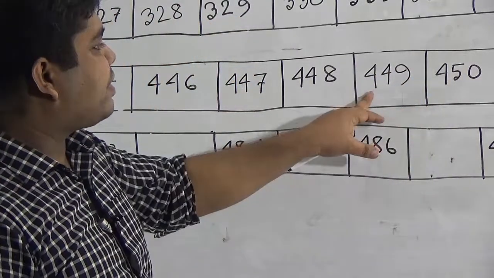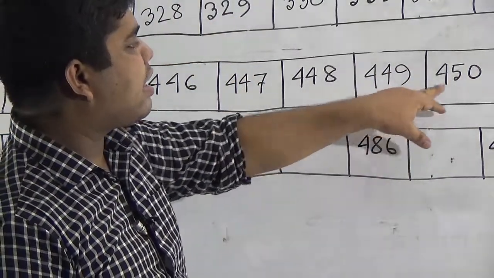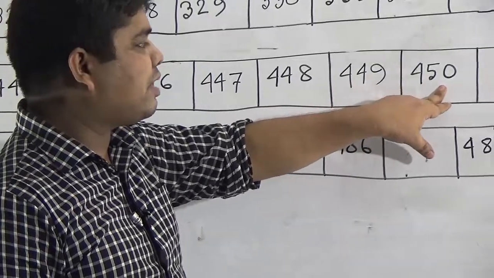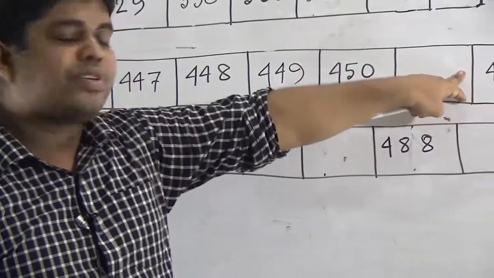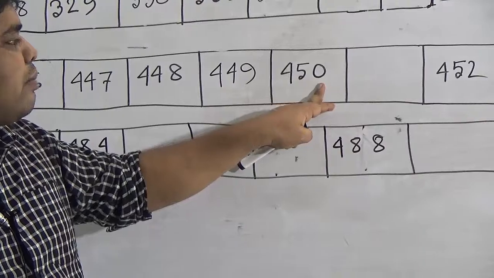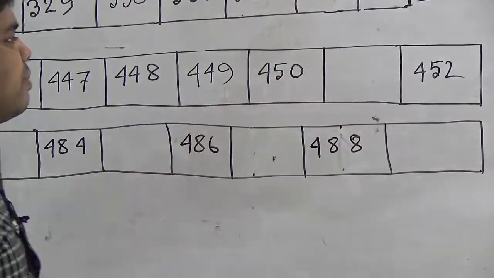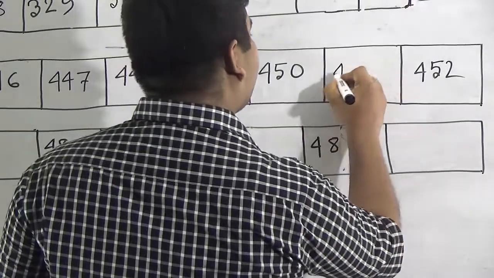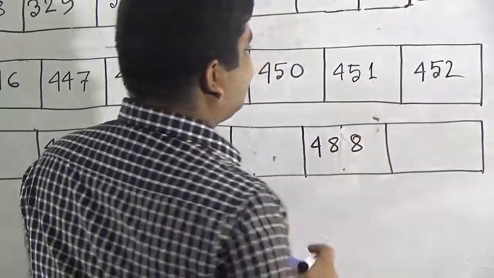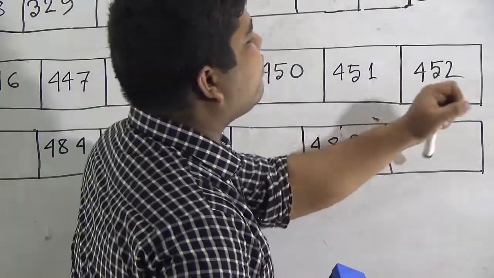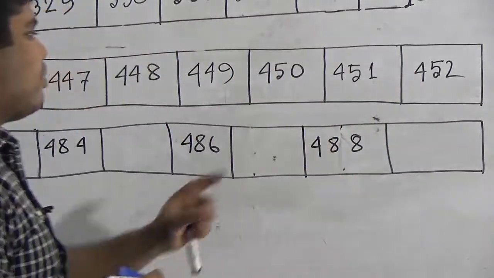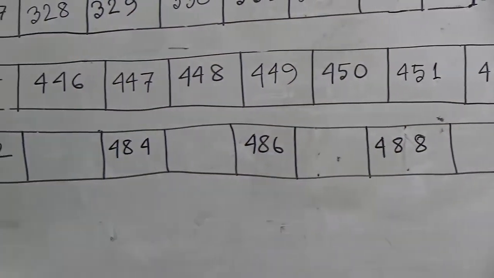Okay. After 449 the number is 450. Then there is a gap. In the gap which number comes after 450? That means in the box we write 451 and the next number is 452. Okay, which is already given, we need not write it.